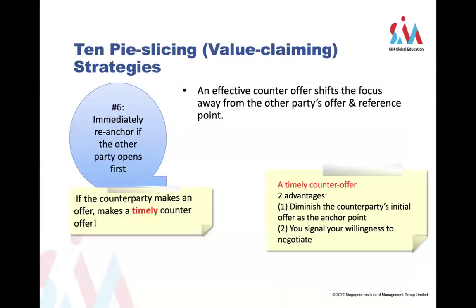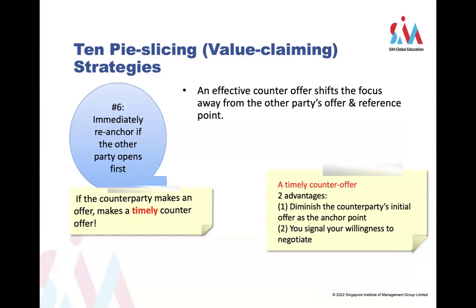Number 6, immediately re-anchor if the other party opens first. Now, if the other party makes an offer, I want to sell the product at $100. If you are the buyer, what should you do? You should shift the focus away from the other party's offer.